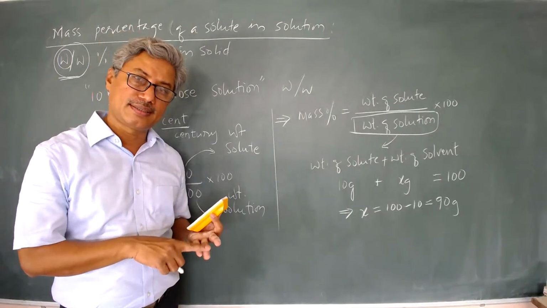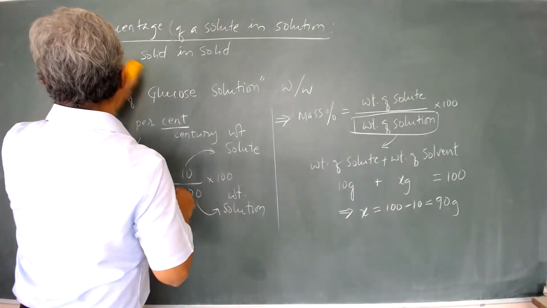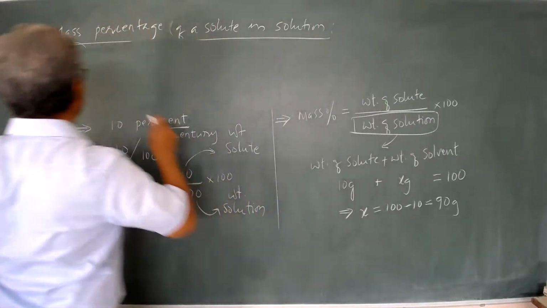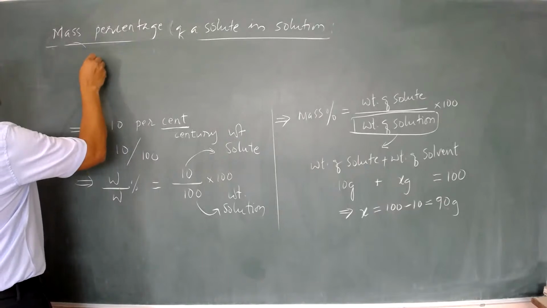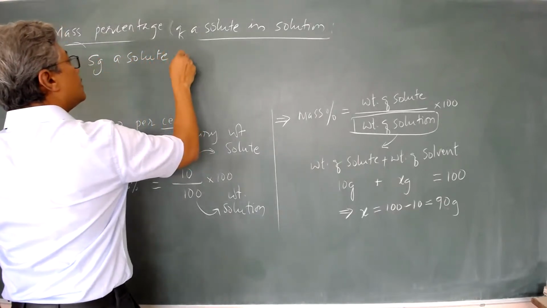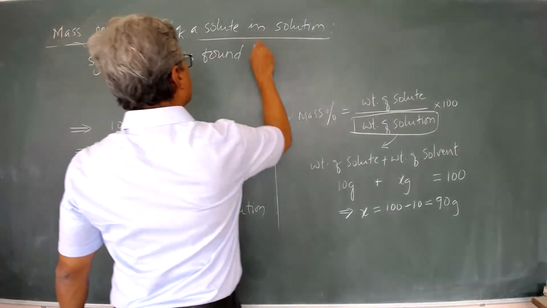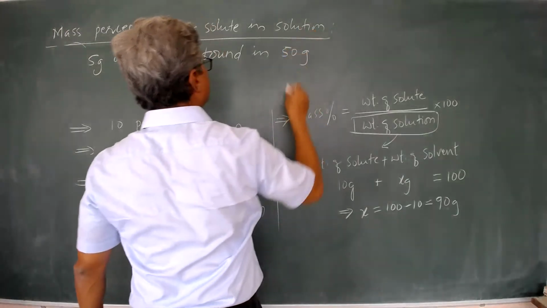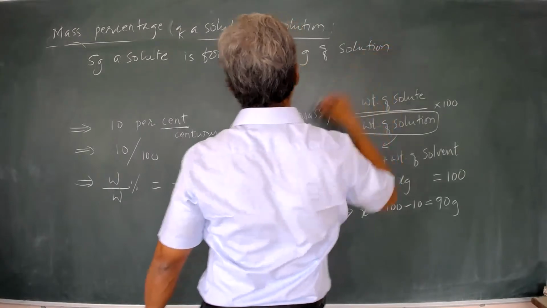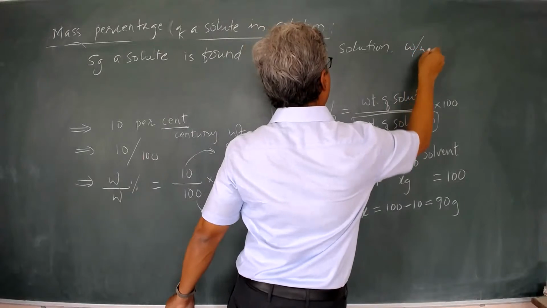Is it clear? Now look at this. Let's go for another example. Say 5 gram of a solute is found in 50 gram of solution. Then what is its mass percentage?